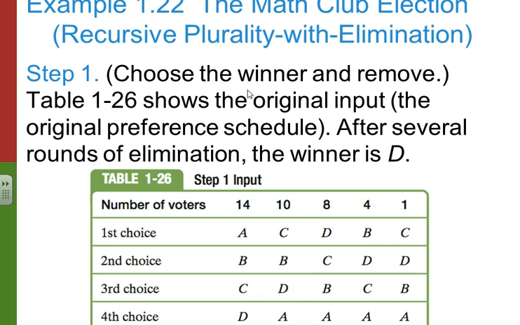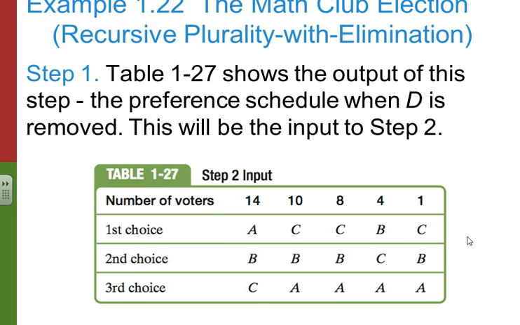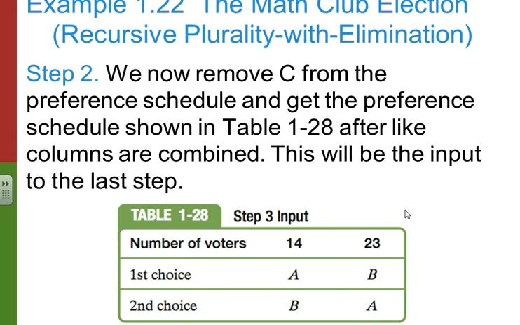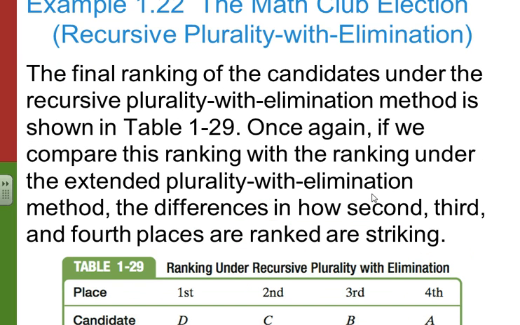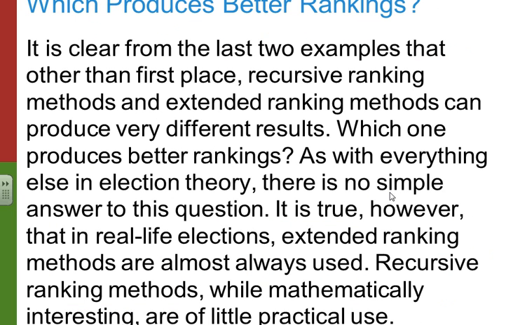Choose the winner and remove from the table. After several rounds of eliminations, the winner is D. All right, well, that looks like fun. D, C, B, A. It's clear from the last two examples that, other than first place, the recursive ranking method and extended ranking method can produce very different results.